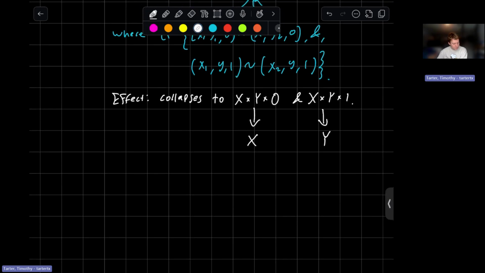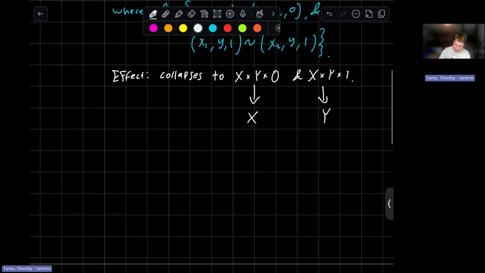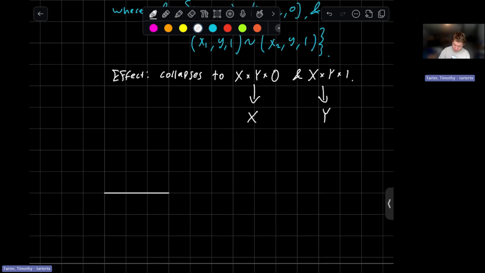And then a helpful picture here of the join of, I guess, a cube.